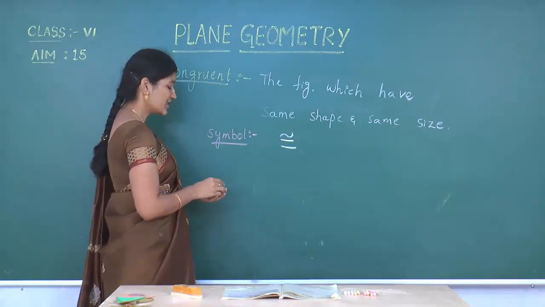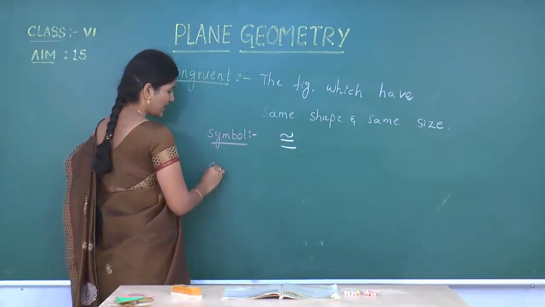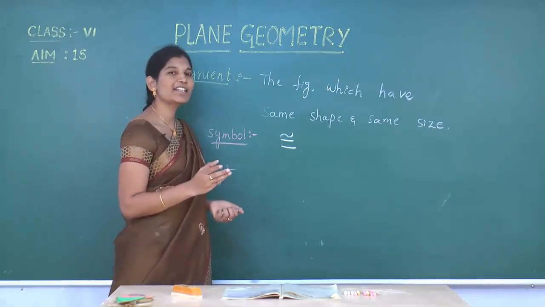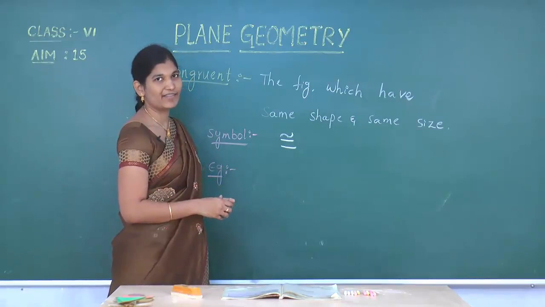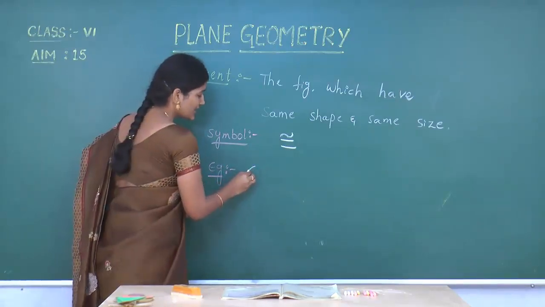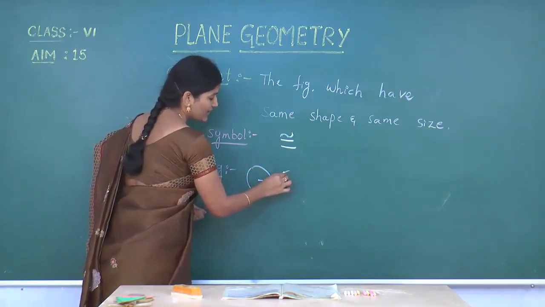Let us draw some congruent figure shapes. Examples. The circles with the same radii are called congruent figures. Those circles should have the same radii.